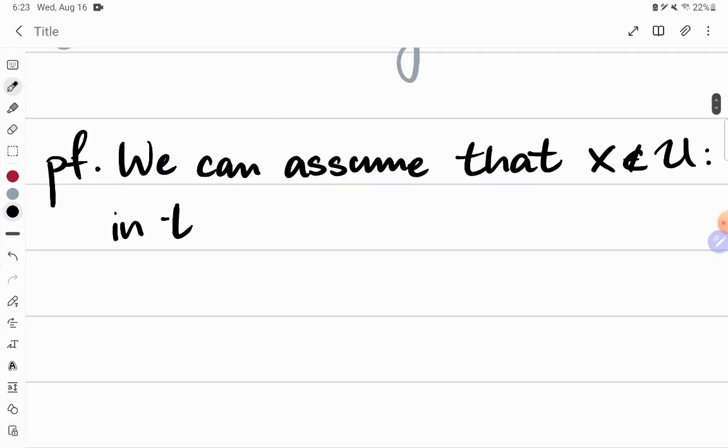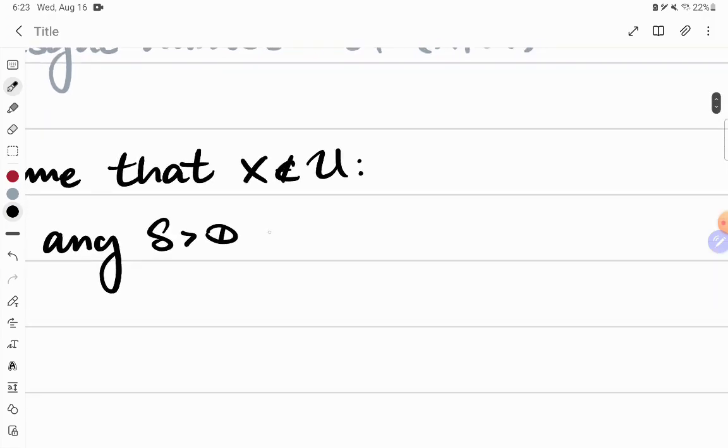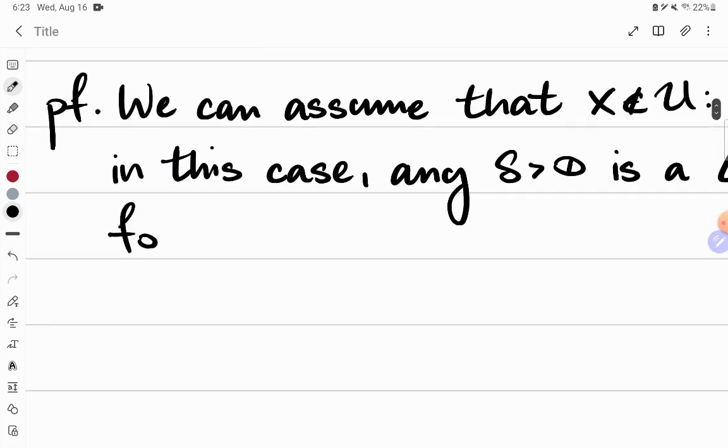In this case, any delta greater than 0 is a Lebesgue number for (X, d).